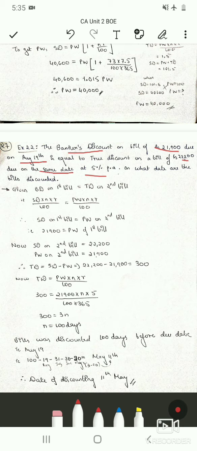So both the bills were due on 19th August. We have to find out the day on which the bill was discounted. So from 19th August, the bills will be discounted before the due date, that is 100 days before. So this we had solved in the previous class.